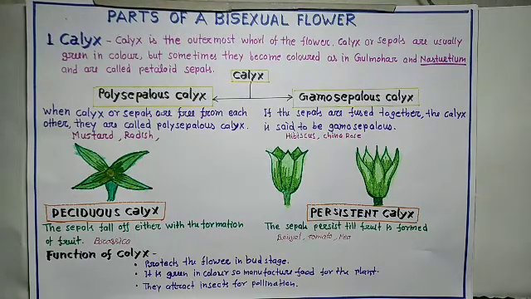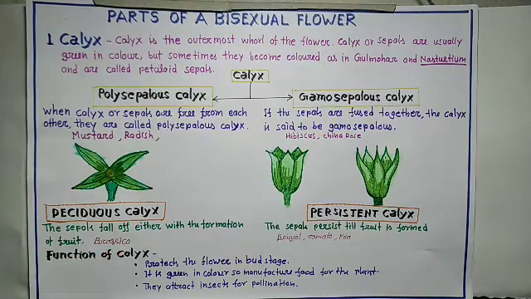Now, deciduous calyx and persistent calyx. What is deciduous calyx and persistent calyx? If the sepals fall off with the formation of fruit, it is called deciduous calyx.